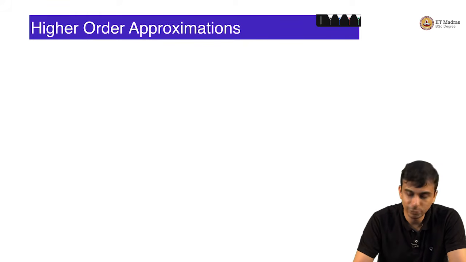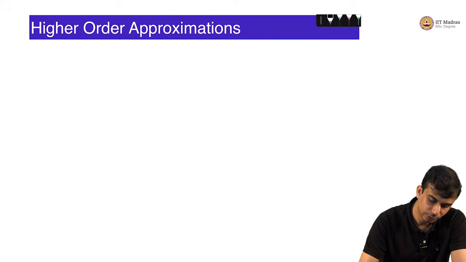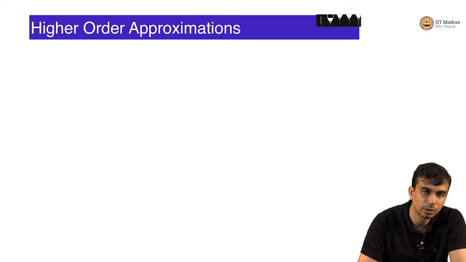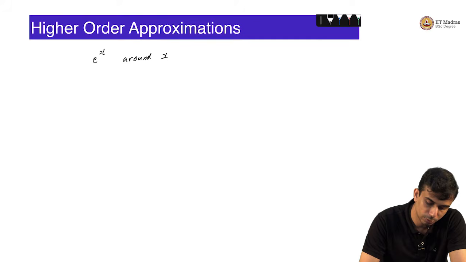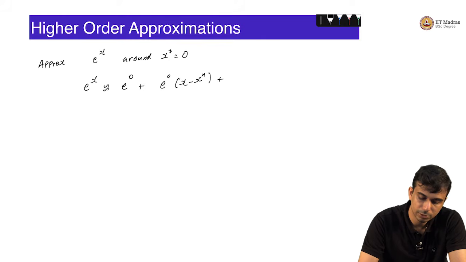That is not true for all functions. For example, you could have e power x instead. If you approximated e power x around x star equal to 0, e power x would be approximately equal to e power 0 plus e power 0 into x minus x star plus e power 0 into half into x minus x star the whole square.